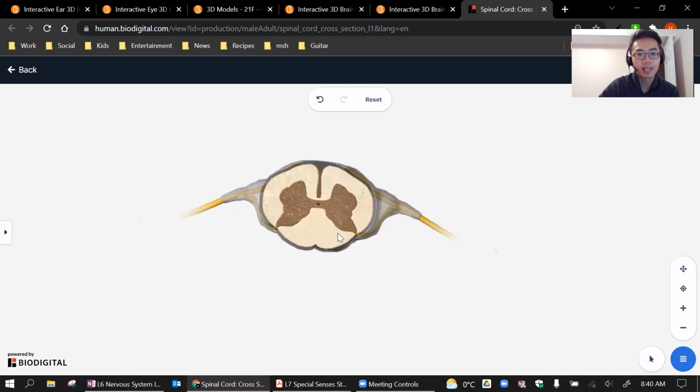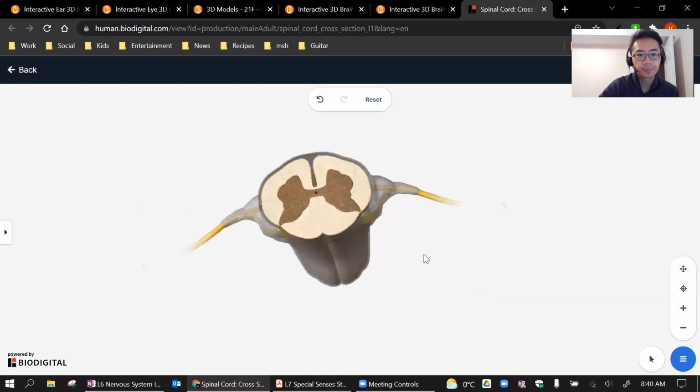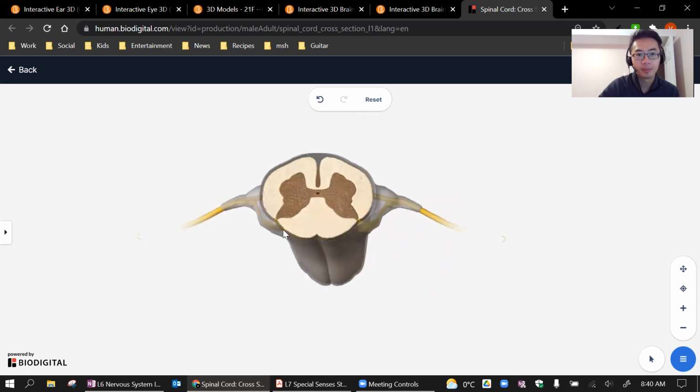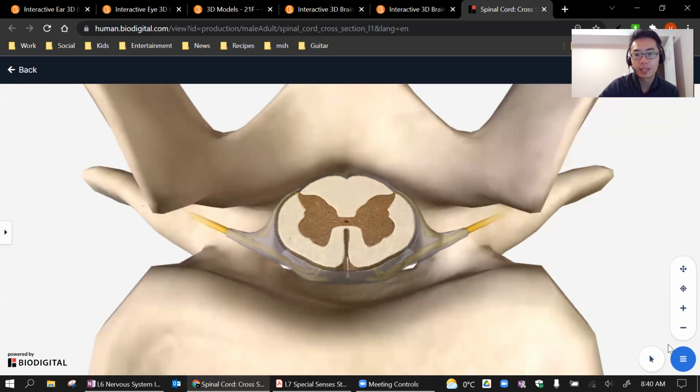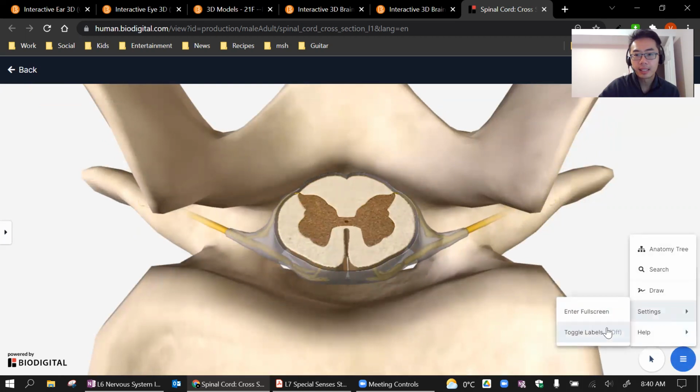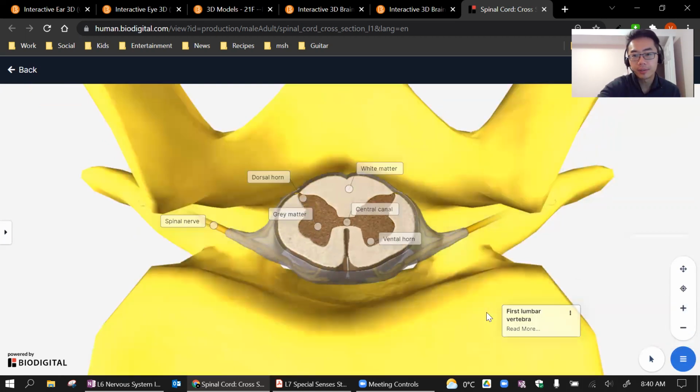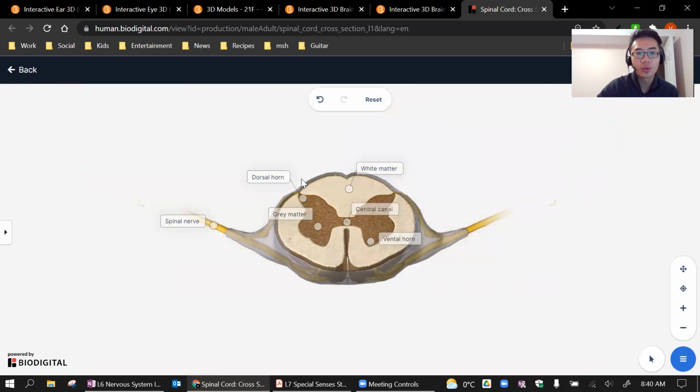So the bottom of the butterfly is actually going to be at the back of the body, and this is going to be at the front of the body. Let me just reset it for you and take out the bone again right here. So you can see the dorsal side. Dorsal means the back, ventral means the front.